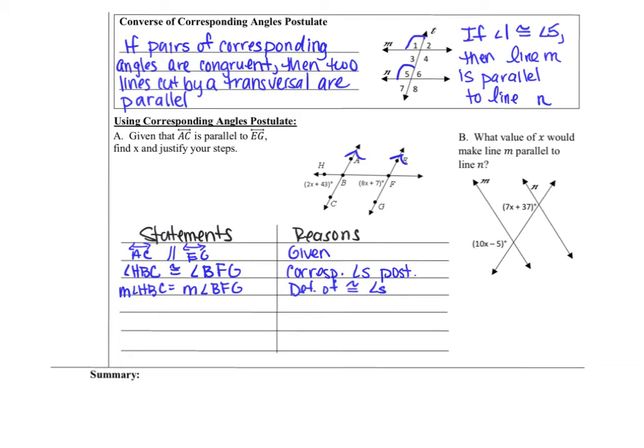The only new thing that we're including is now a new reason of corresponding angles. So now that I know their measurements are equal, we're just going to use substitution property of equality to solve for x. So we have 2x plus 43 is equal to 8x plus 7.